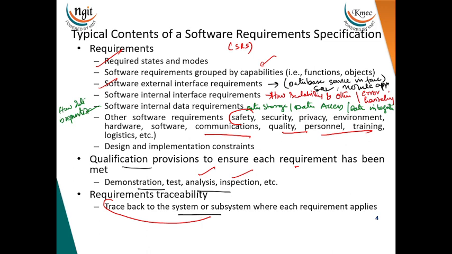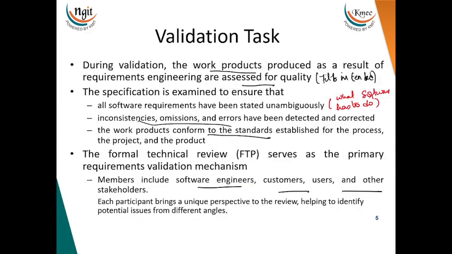At the end of this slide I will show you a diagram of how you can trace it. So the typical content of an SRS is requirement states, requirements grouped by capabilities, software external interface such as database servers, software internal interface, scalability, error handling, and software internal data requirements such as data storage. Let's move on to the other part, that is validation testing, or validation task.